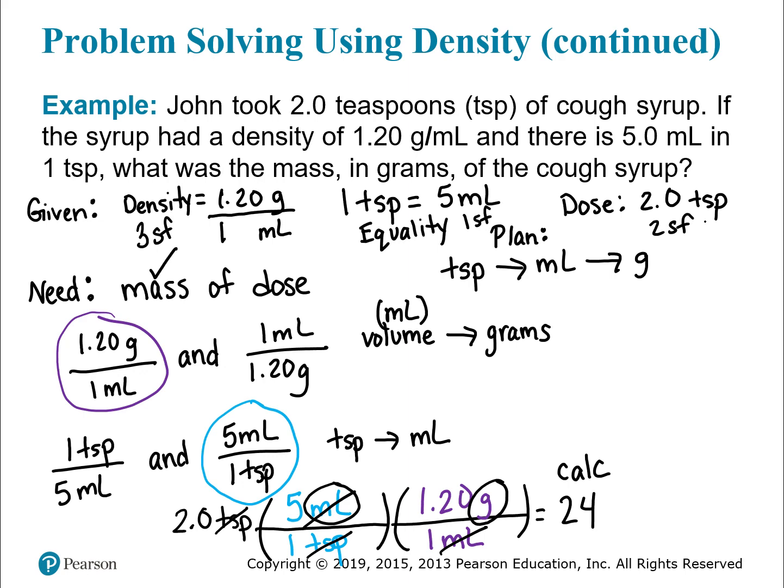So if we're calling the 5 milliliters a measured number, then we have to only go with one significant figure here. And we can write that as 20 and make sure that we have our units for grams. If we're calling that equality a definition, then we would use 2 sig figs, and our answer would just be 24 grams.